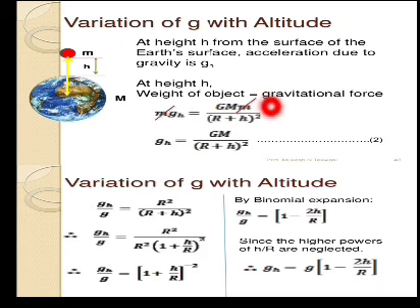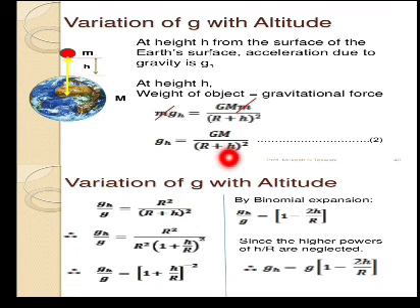Weight of the object is equal to gravitational force, as we saw in the previous slide. So m gh equal to GM m upon r plus h whole square. Hence the gravitational acceleration of the object at height h is gh equal to GM upon r plus h whole square.